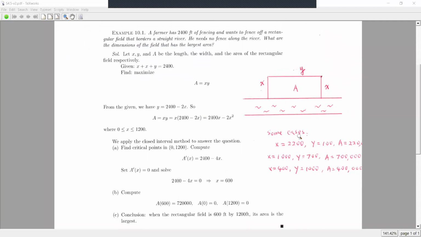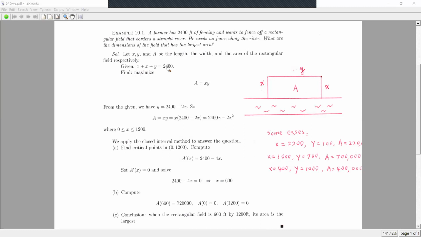Here are some cases. You can choose x, say, to be 2200 to keep this equation. Then y is 100. Yeah, in this case, the area of the field is 2200 times 100, which is this number. You can choose 1000 for x.